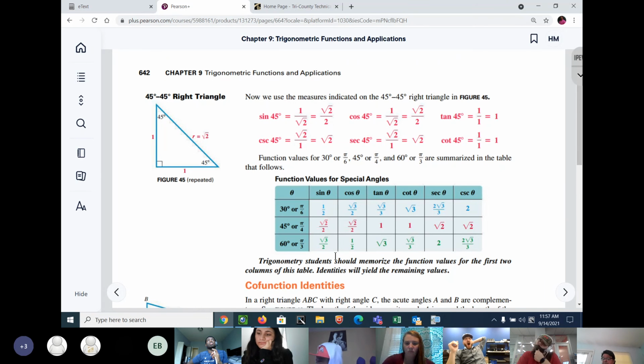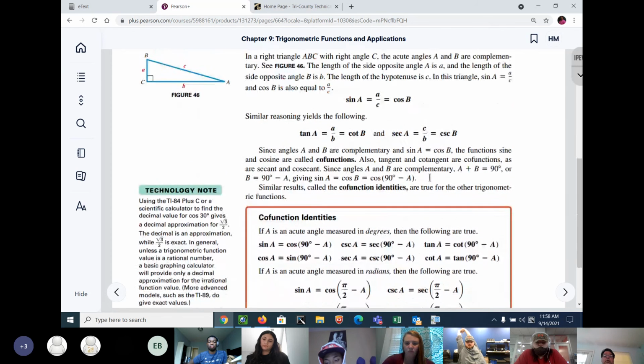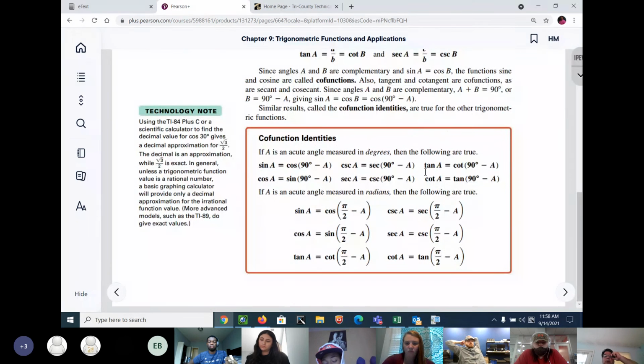So remember your special angles, because you're going to use them to make up your unit circle. They're going to show you the unit circle, I think, coming up. And of course, I already showed you how to do the unit circle. I don't go over the cofunctions. You can write those down.